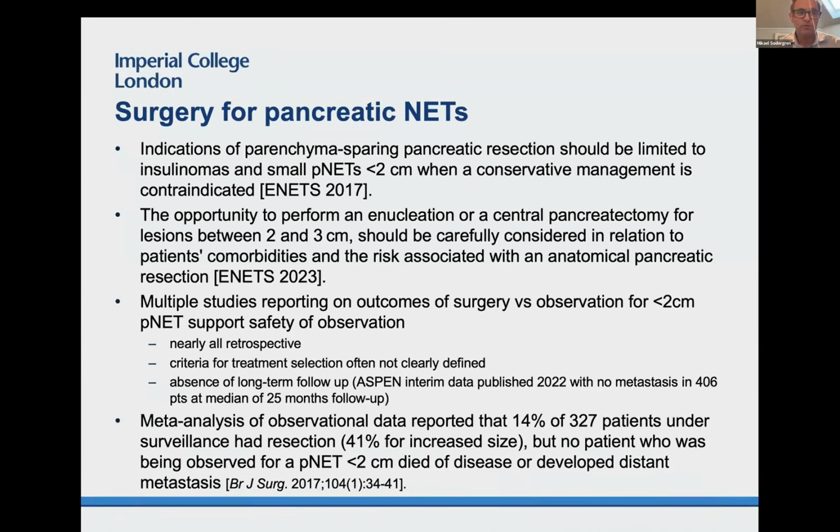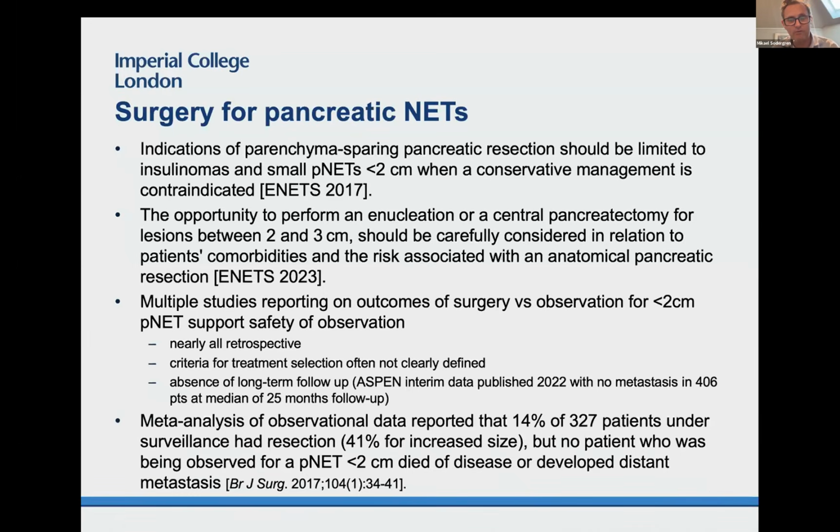So we do have multiple studies that have reported on outcomes of surgery versus observation for those non-functioning PNETs that are less than 2 centimeters. They're nearly all retrospective, and the selection criteria are often a little bit unclearly defined.